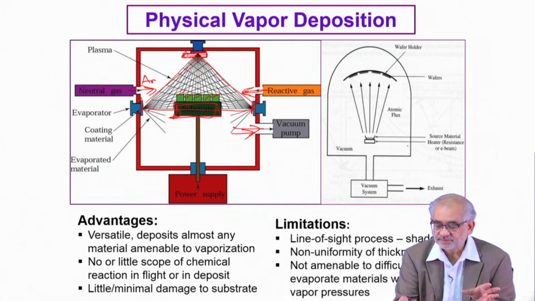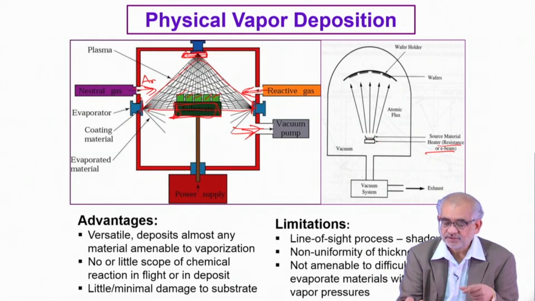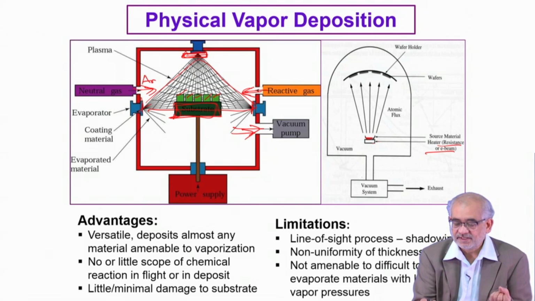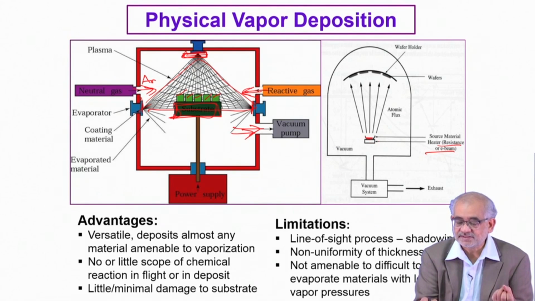For example, you have a heating process which can be either resistance heating or an external electron beam, and you have your material to be coated kept in a tungsten boat or some other holding material which can withstand very high temperature. You can have a separate heating arrangement, either by feeding current through this tungsten boat, or you can allow the external electron beam to irradiate this place, and then you create this atomic flux, and this is where you keep all your components.